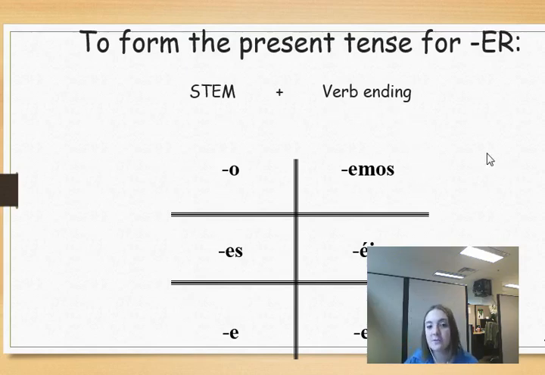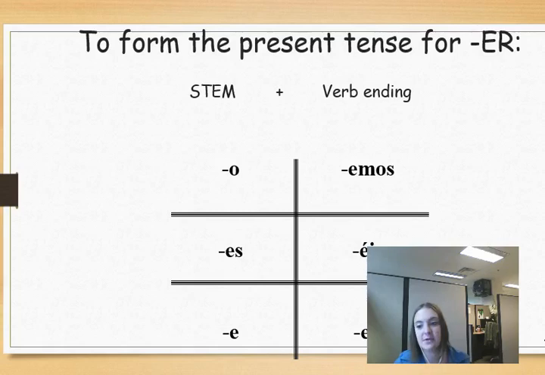The nosotros form will have an EMOS ending. The vosotros form will have an ÉIS ending. Notice the accent, just like the vosotros form with AR verbs. Accent always on the corresponding vowel. And then finally, you've got an EN ending for ellos, ellas, and ustedes.